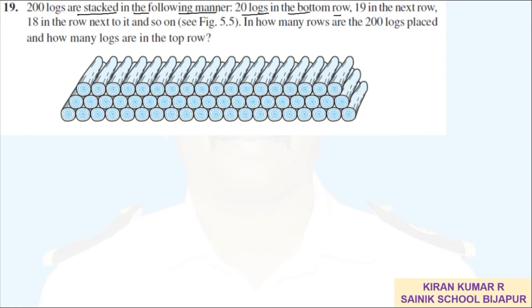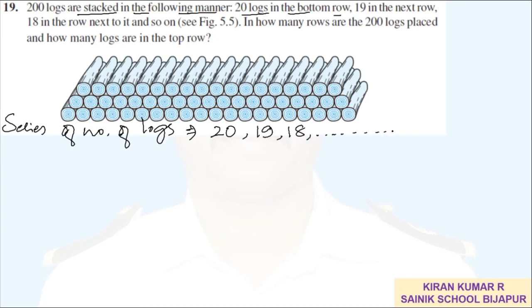Number of logs in the bottom row is known, it is 20. The next row is 19 and next to that is 18. So the series of number of logs will be like 20 in the starting, 19 in the next, 18 in the next, and it continues.